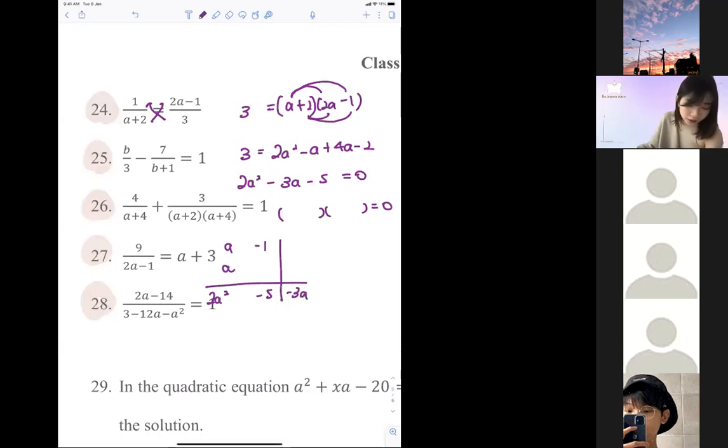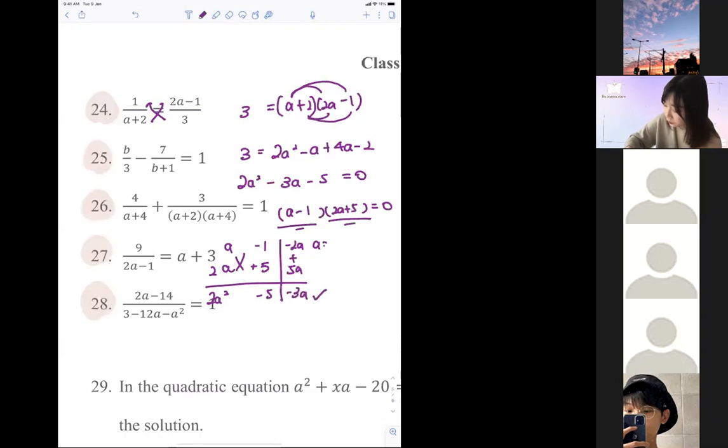Second answer you see is -5/2. So top number here, bottom number here, minus, you put plus, and then you try. Okay, add together is 3A. So this equals to 0 or this equals to 0. Then you get the answer.